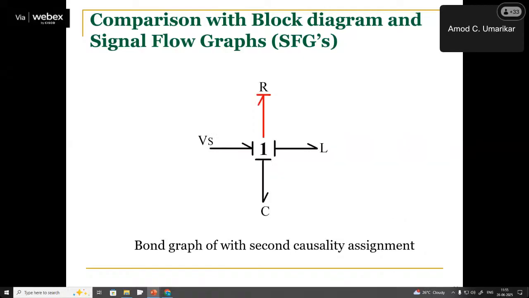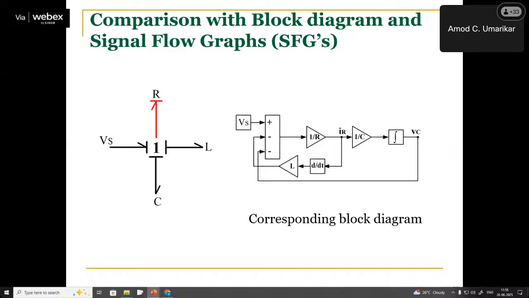Now here the second causality assignment: L has a derivative causality while C has an integral causality. You can see that here L is nothing but dIf by dt and 1 by C integral of I dt, so integral causality of C is maintained.